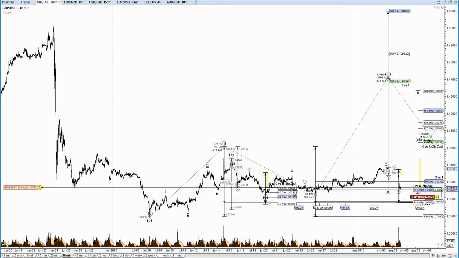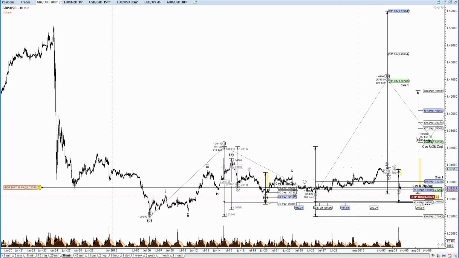Anyway, we'll go back and we'll put something which is very usual, 161.8, which is this one, and this still remains versus the A at 1.3660. Then we got 1.4035 and then 1.4379. Okay, so these levels are the targets here.